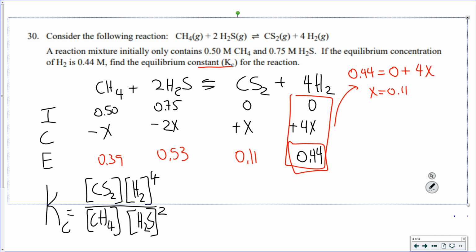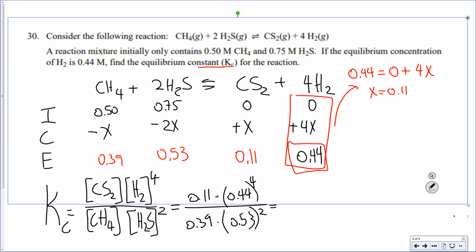Now that I know that, I just plug in the numbers. I've got 0.11 times 0.44, and I have to remember to take it to the 4th power. Divided on the bottom by 0.39 times 0.53, and this one is squared.